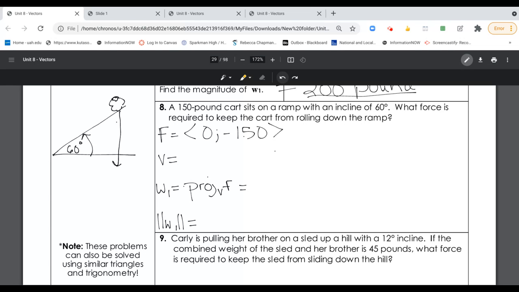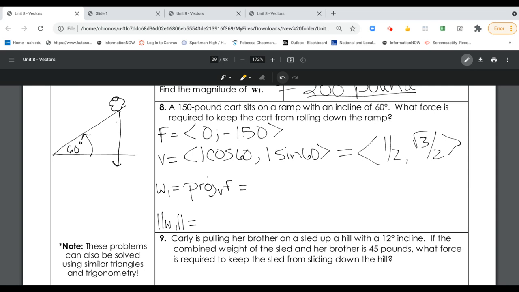For the second part, since v is a unit vector, we're going to do 1 cosine 60, because that's our angle of incline, 1 sine 60, and that will give us 1/2, square root 3 over 2. Now, here is where the shortcut comes in. Instead of doing the full gambit, all we have to do is show our dot product, 0 times 1/2 plus negative 150 times square root 3 over 2. And we are going to multiply that by vector v.